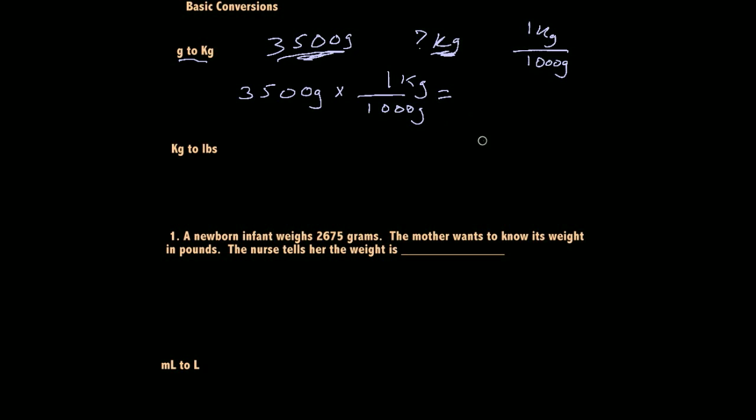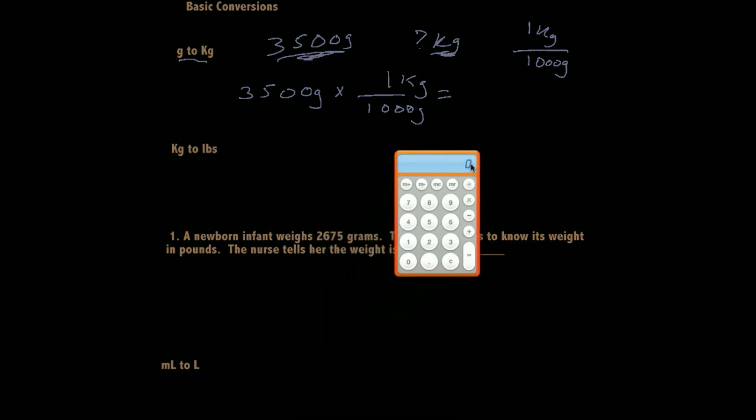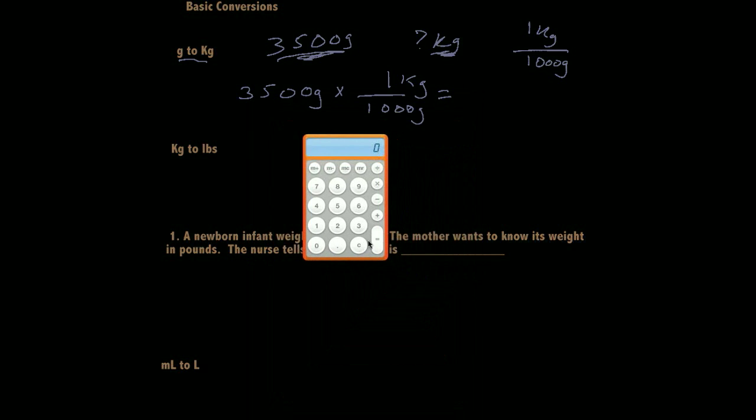Alright, so basically what you do now is you just plug it into your calculator. You pull up the single one-function calculator that Cox College requires you to have. So you've got 3,500 times 1. You don't actually have to do this times 1, but I'm doing it just to show fluency. Divided by 1,000.